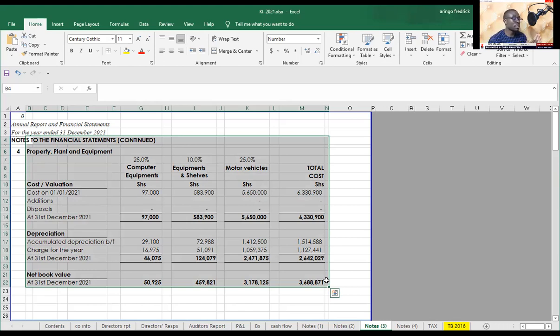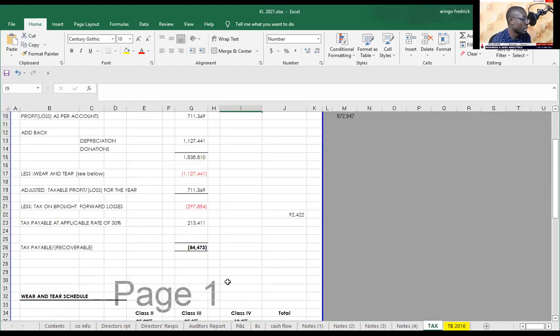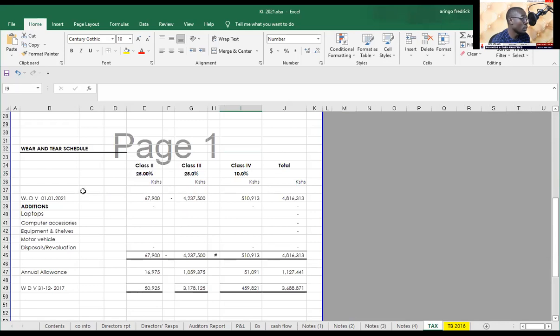Now, for tax purposes, assuming you had used a different rate here, when you come to your draft accounts, you have to prepare your wear and tear allowance schedule. Look at this case and mark it clearly.